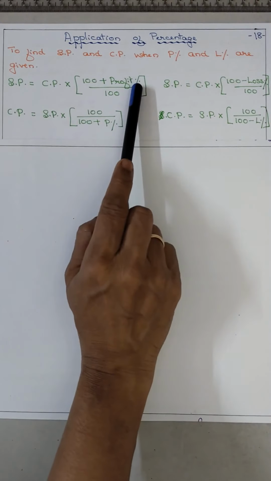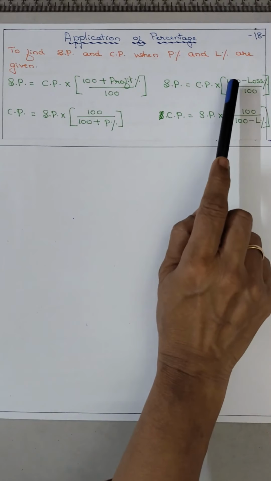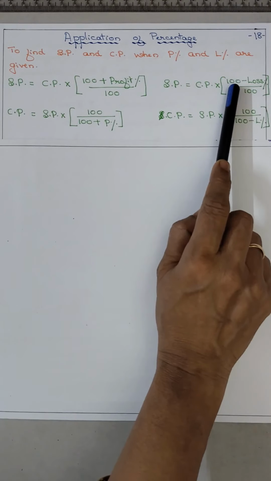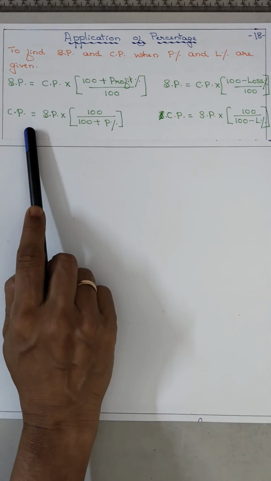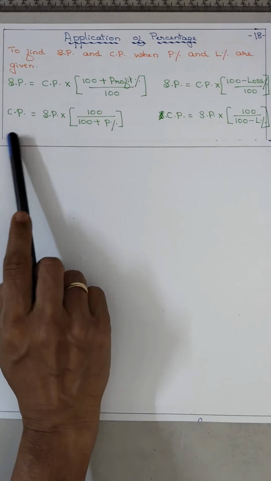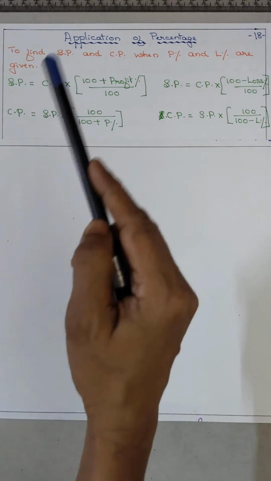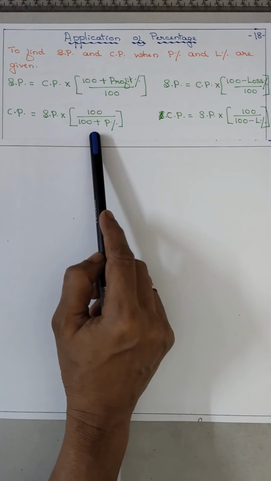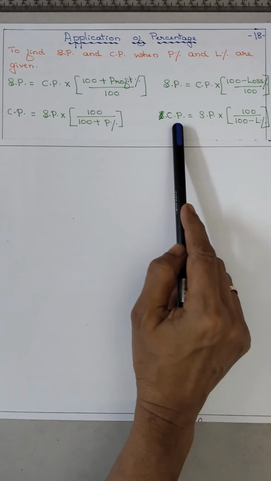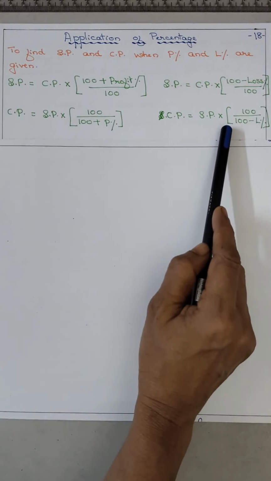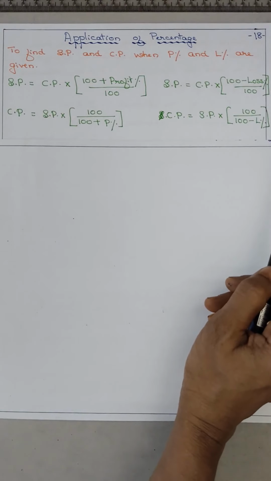So when profit percent is there, you add. When loss percent is given, it is subtract. Now to find out CP, it's the opposite. CP is equal to SP into 100 upon (100 plus profit percent), and when loss percent is given, CP is equal to SP into 100 upon (100 minus loss percent).